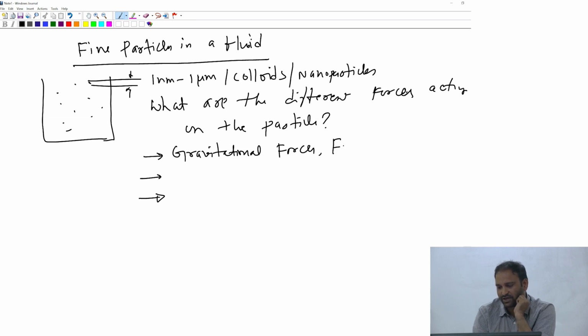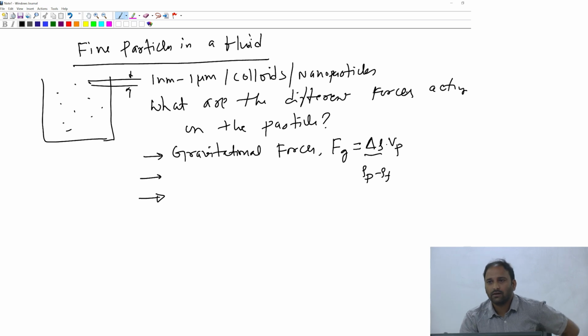If you call it Fg, that is going to go as delta rho, the density difference, where delta rho is rho p minus rho f, where rho p is the density of the particle and rho f is the density of the fluid, times the volume of the particle, times g, the acceleration due to gravity. That's your gravitational force.